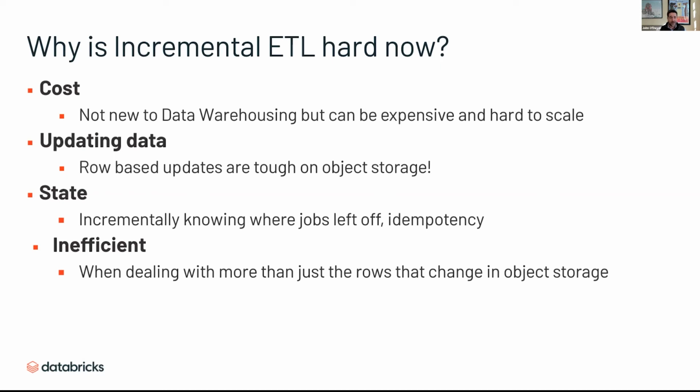Updating data in big data was not necessarily possible, and state is hard to keep track of. There's a term called idempotency, and essentially that's a big word for pick up where you left off.